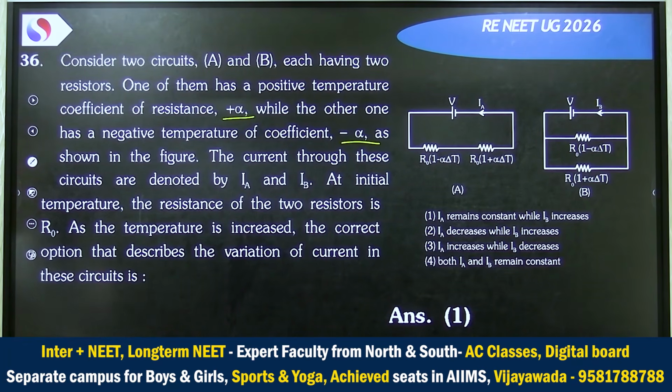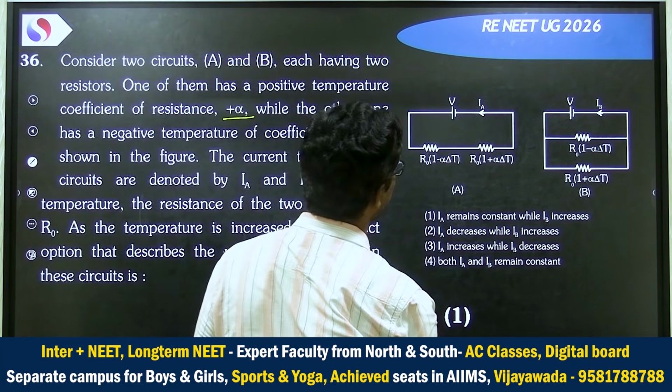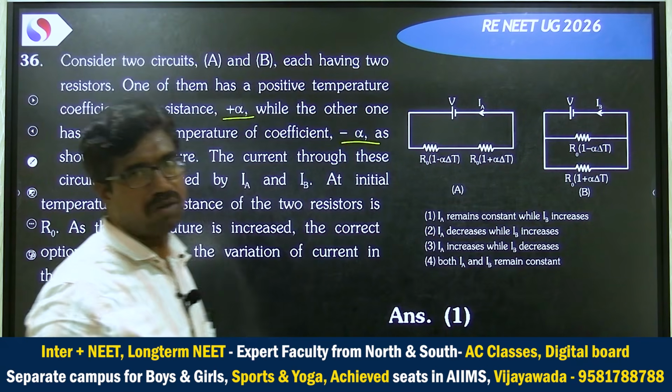Here the two resistors are in series. That's why R is equal to R1 plus R2.